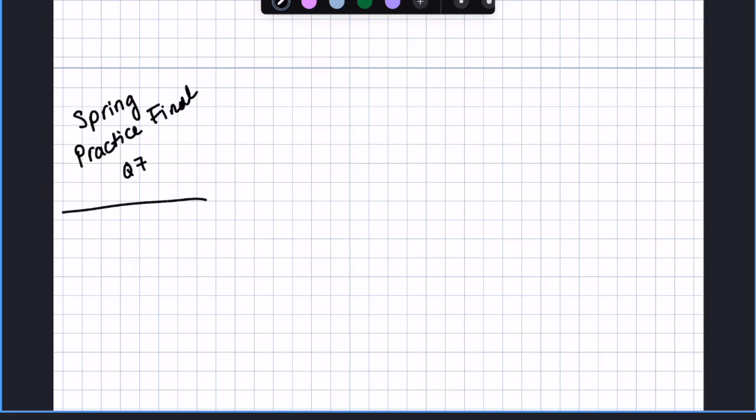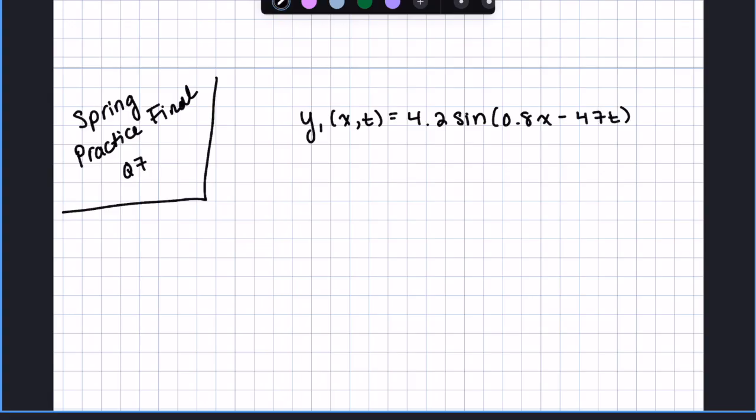question 7. For this one, we have the displacement of a transverse wave on a string represented by the following equation. y1 as a function of x and t is equal to 4.2 sine of 0.8x minus 47t.